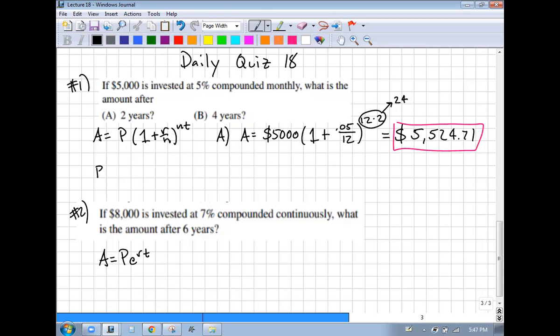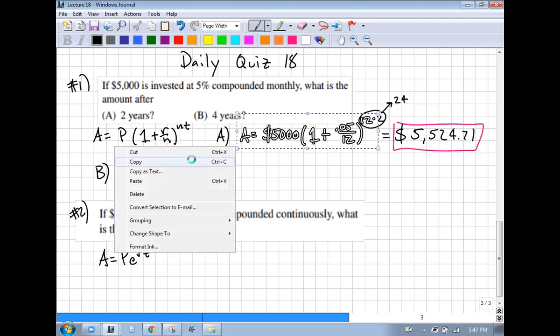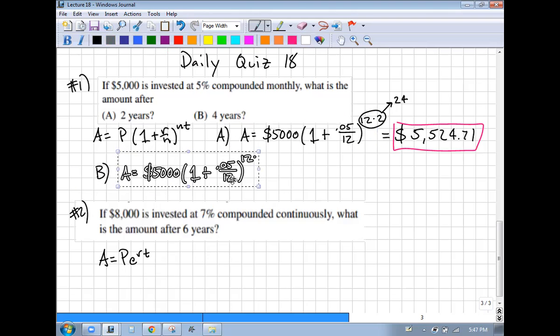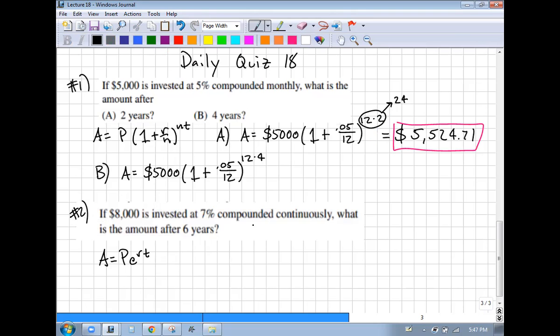B is 4 years. The same stuff, but T is 4. So I kind of need to know what this is. I know this is what, 48. I need to know that ahead of time. Sometimes that's a big number.